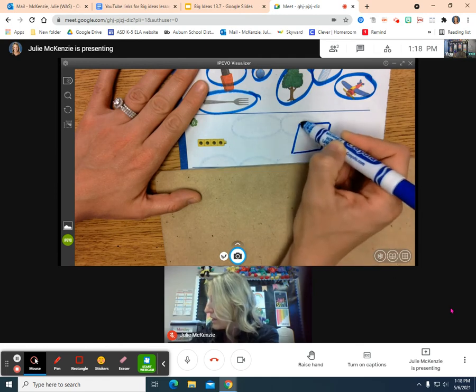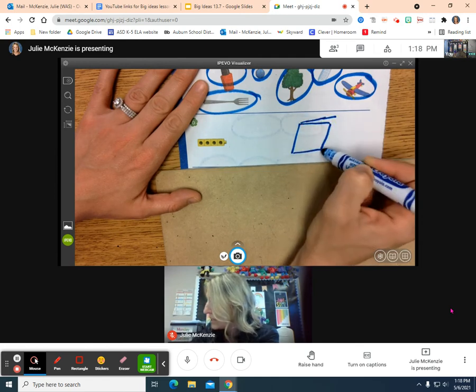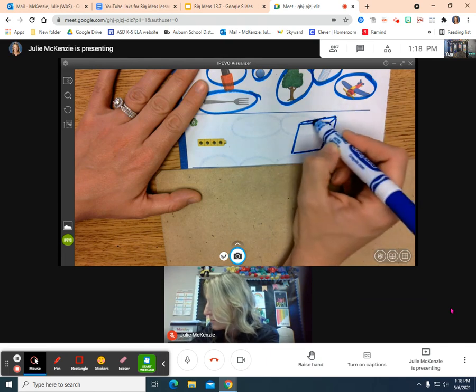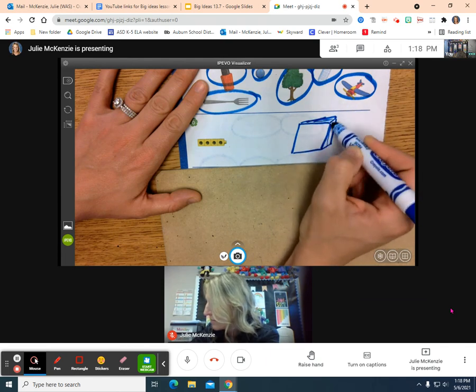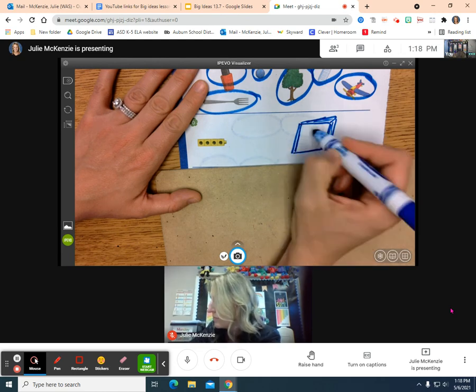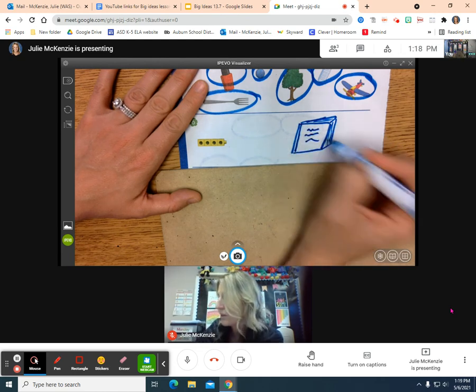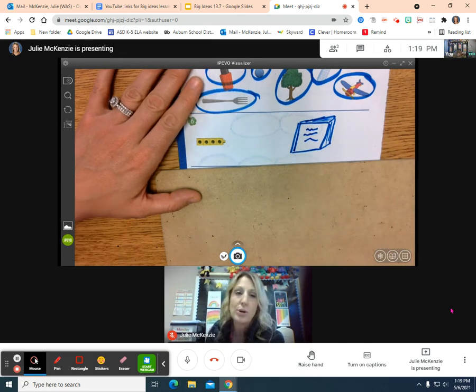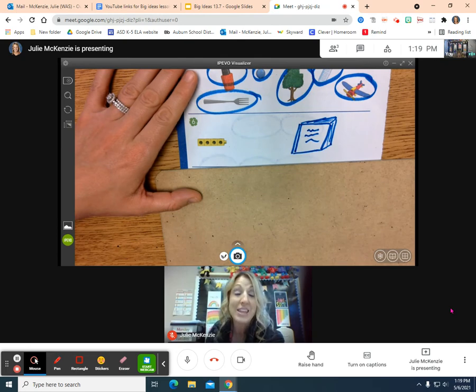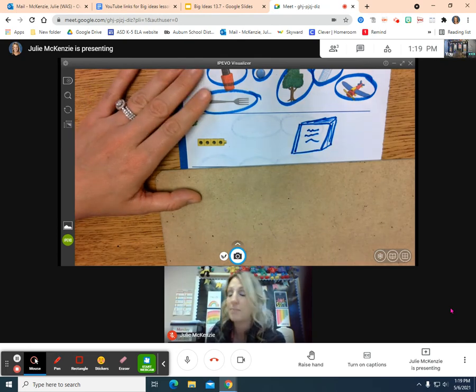I'm going to kind of make its pages open like this. All right, I just made a book. You can make whatever you want as long as you could measure the length or the height of something.